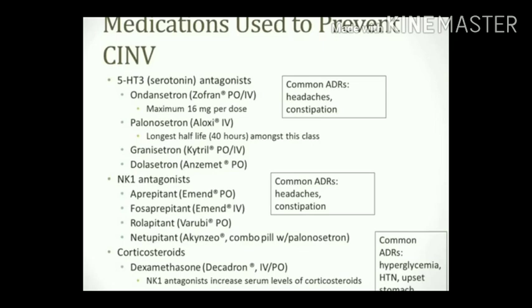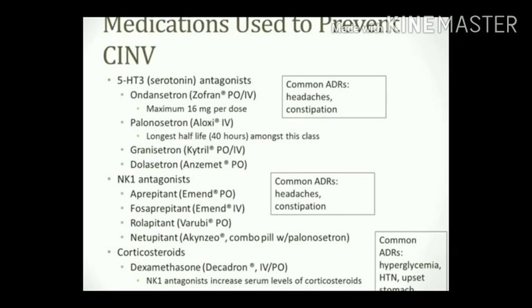Next, what are the medications used to prevent this condition? Before using medications we have to know which receptors cause the vomiting. We already saw 5-HT3, dopamine 2, histamine, and muscarinic receptors. To block the action of these receptors we have to use their antagonists.